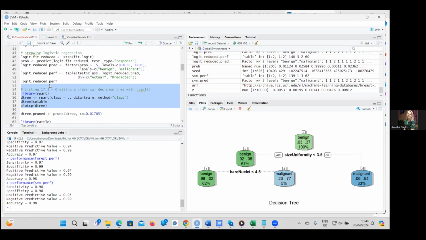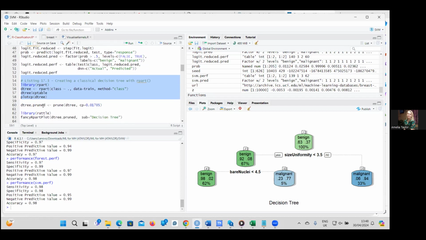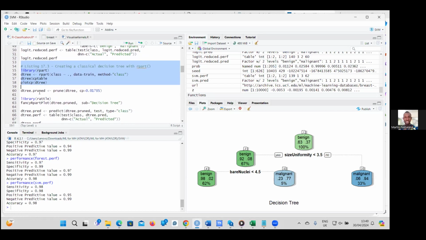D3 pruned not found. Okay, so that means that you might need to import all the libraries. Did you try to import all the libraries? Yes, I did. Did you run this line, number 60? Yes, I did, and I got an error actually from around that point.